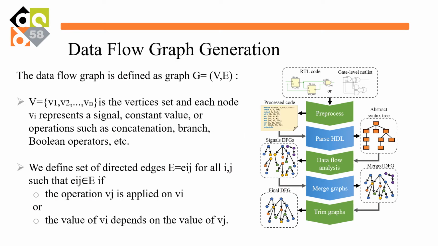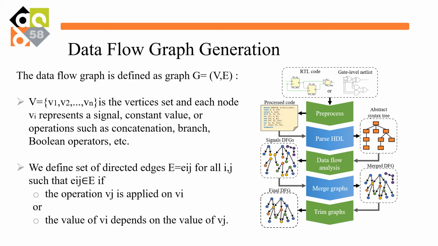In the first step of our IP piracy detection pipeline, we need to generate the data flow graph representation for the hardware designs. You can see the process of generating the graph for RTL code or gate level netlist here. We first pre-process the design to resolve any incompatibility and syntax errors and also flatten the design.